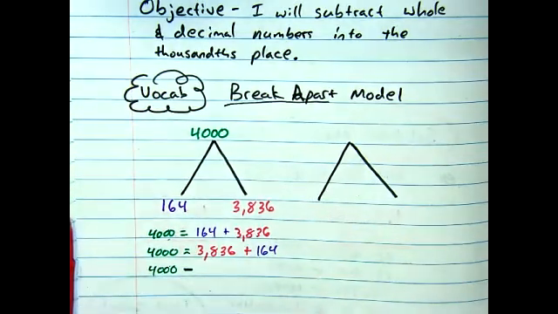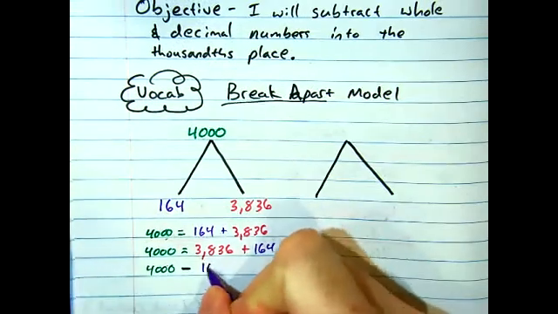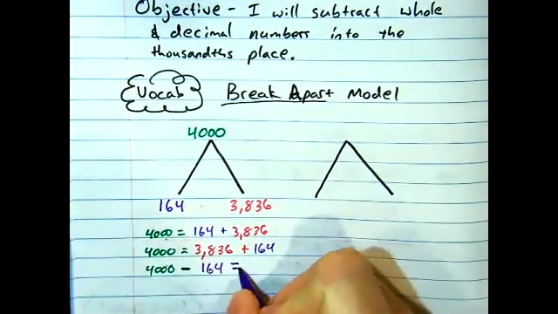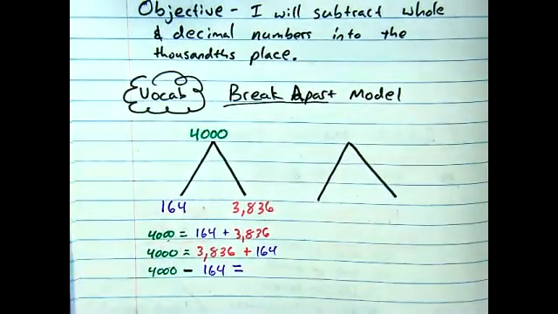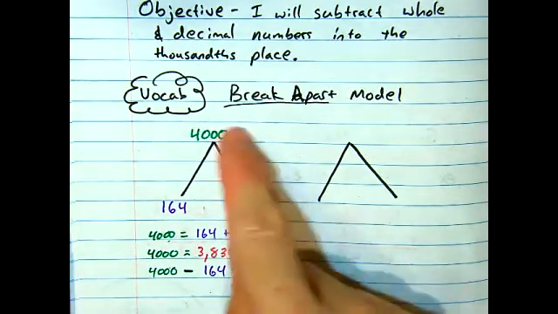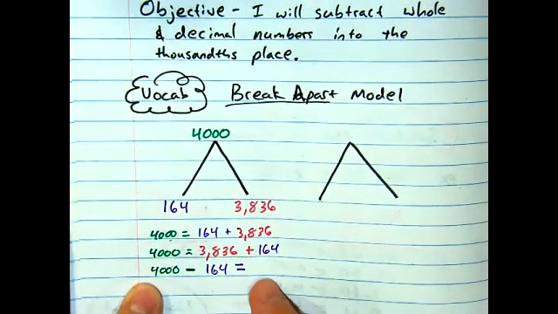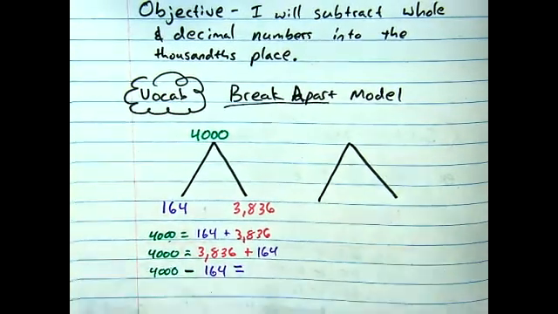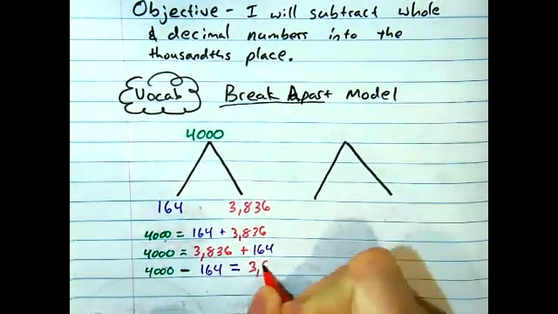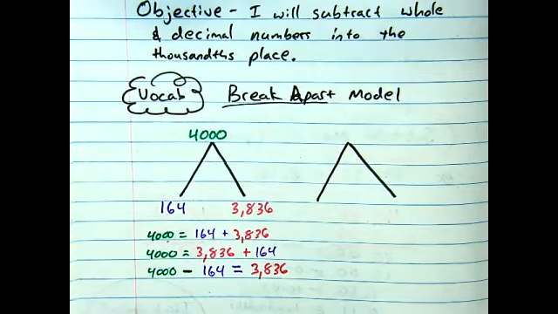Let's take away 164. What would your answer be? Remember, there's three parts to this break apart model. I'm keeping these two, so the answer is bound to be the missing piece, 3,836.